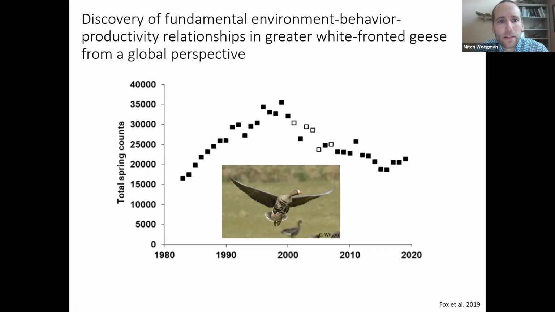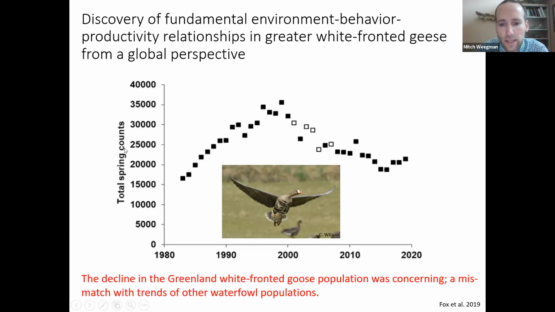They're declining. So here we're discovering fundamental environment, behavior, productivity relationships in greater white-fronted geese from a global perspective. These birds increased from the 1980s to about 2000, and then have decreased since to present day. And so we're really puzzled by this. This is a concerning trend, and one that, as I mentioned, is a mismatch from other waterfowl populations.